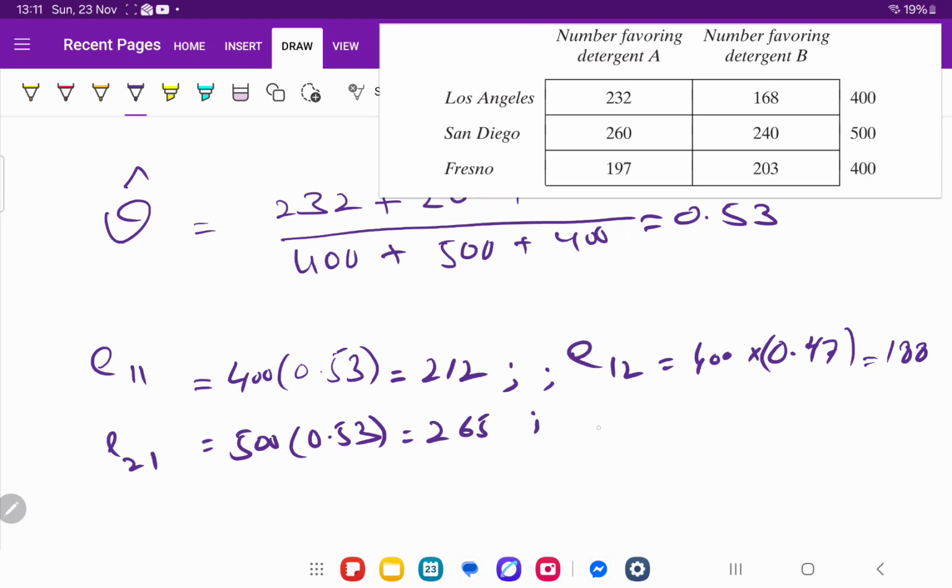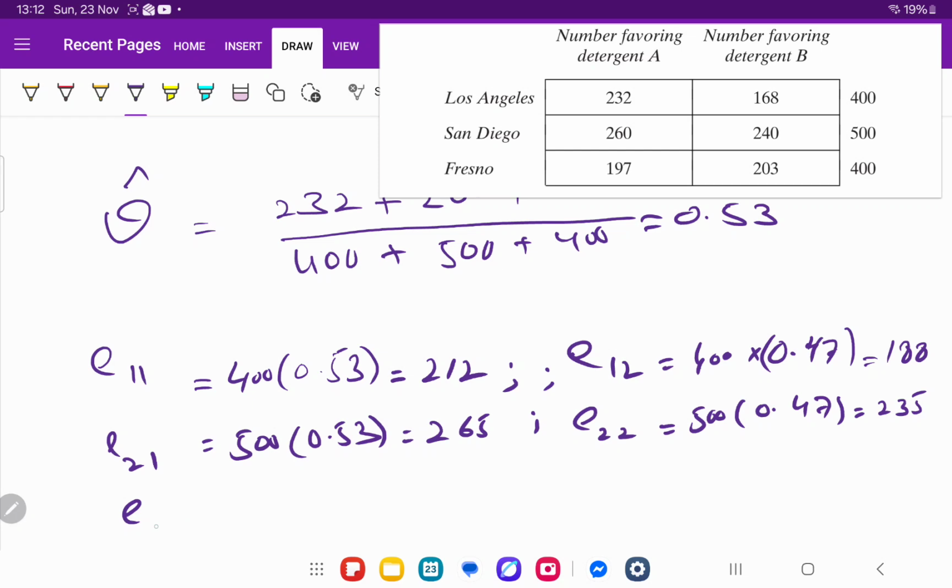Then E22, because row 2 column 2, will be 500 multiplied by 0.47, which is 235.